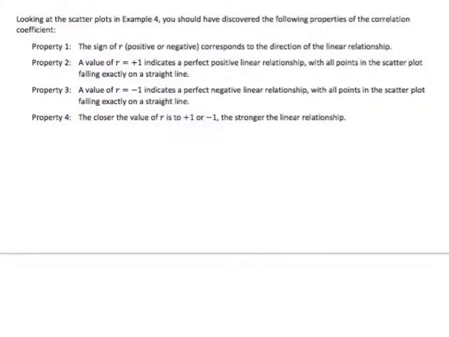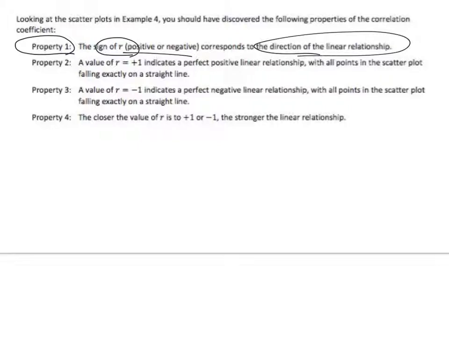So looking at the scatter plots in example 4, you should have discovered the following properties of the correlation coefficient. Property 1, the sign of the correlation coefficient corresponds to the direction of the linear relationship: positive relationship, negative relationship, positive slope, negative slope.